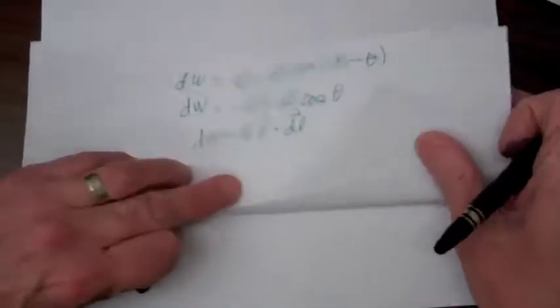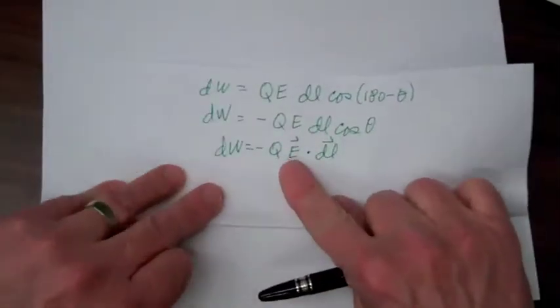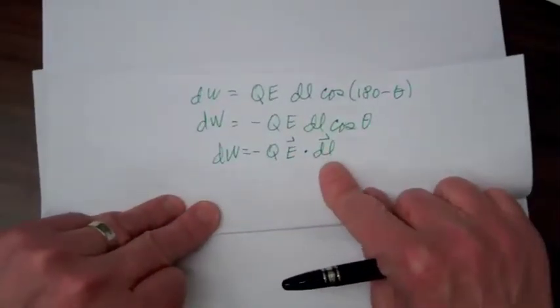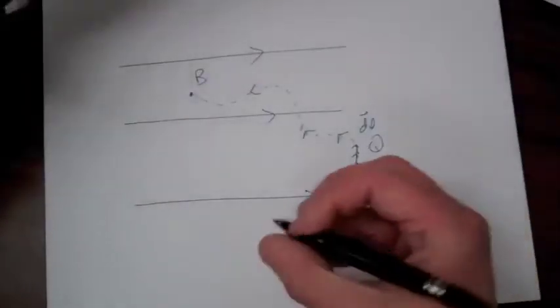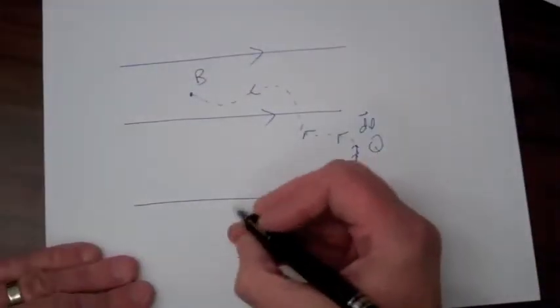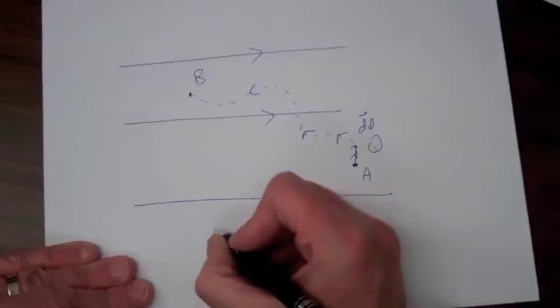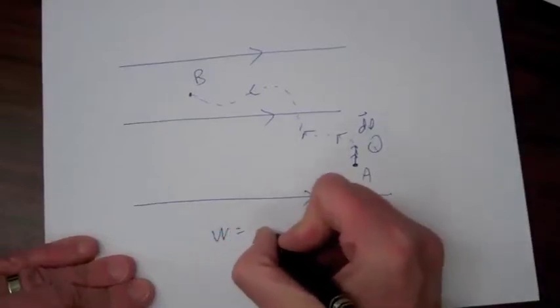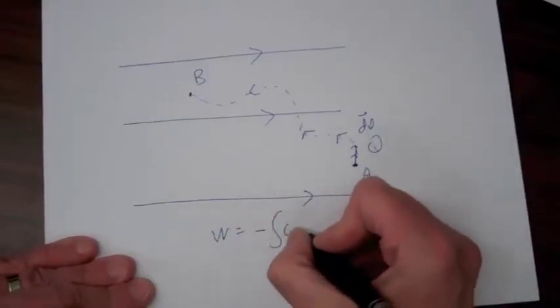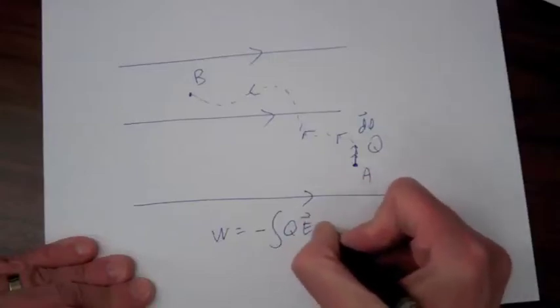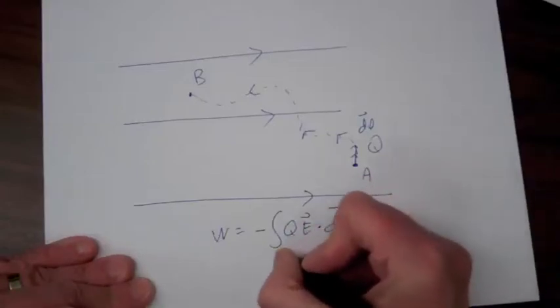That is just minus Q times the dot product between the electric field and our displacement. So the amount of work it takes to go from A to B is minus the integral of Q times the electric field dot dl.